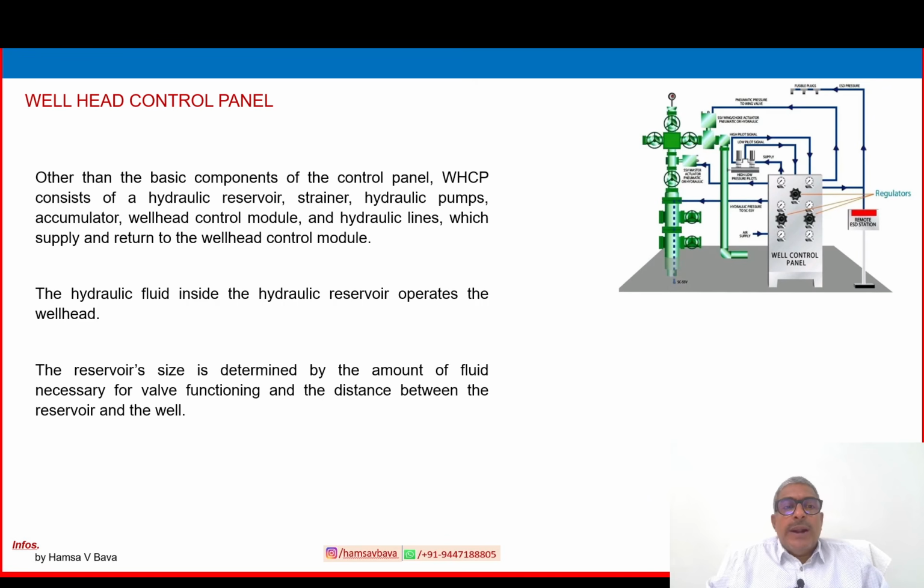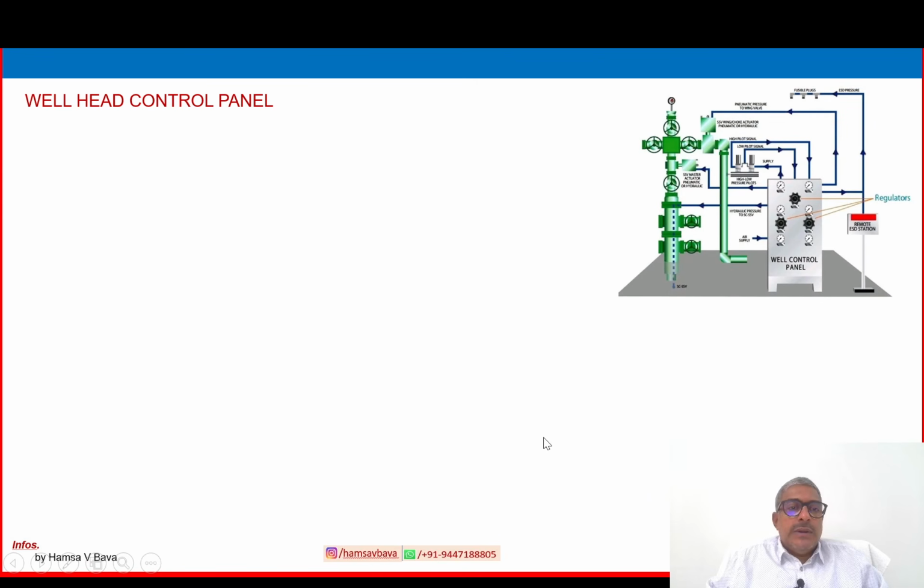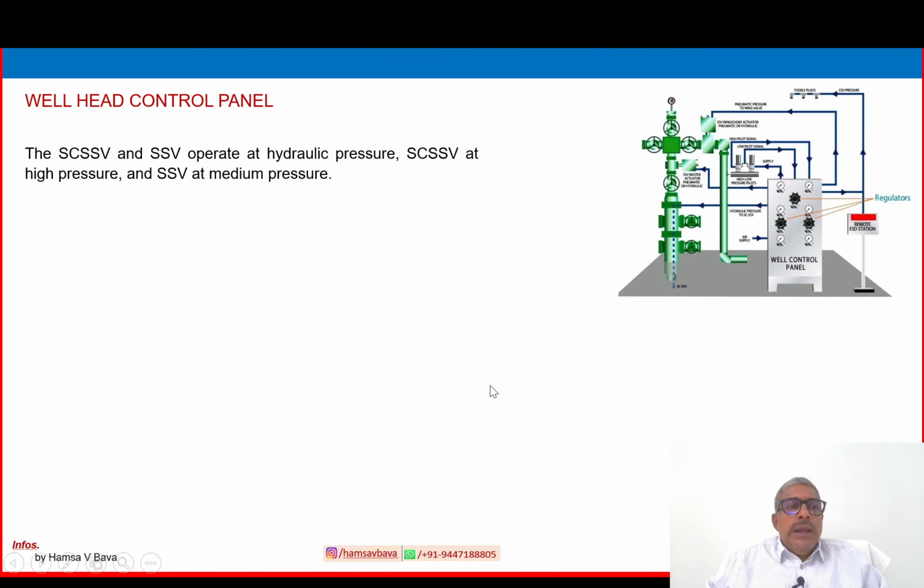So a well-equipped hydraulic system is there, including hydraulic reservoir, strainer, hydraulic pump, etc. The SCSSV and SSV operate at different hydraulic pressures: the surface controlled subsurface valve at high pressure, and the SSV at a medium pressure.